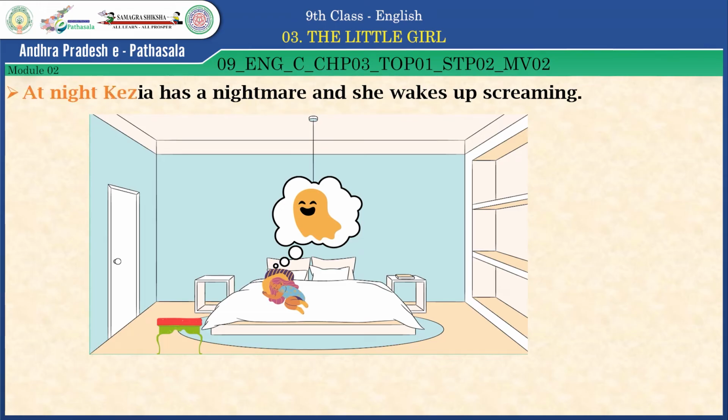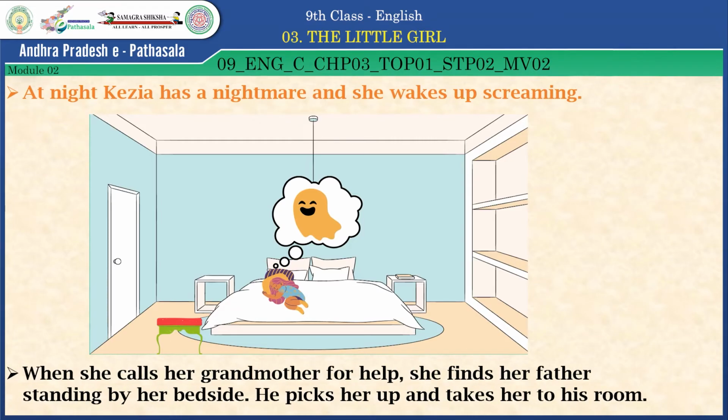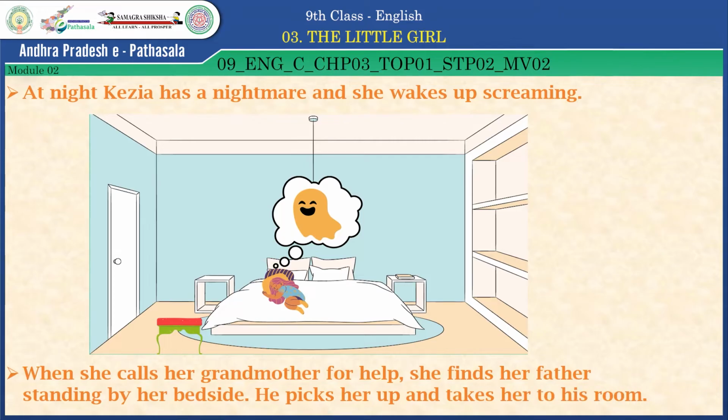At night, Kezia has a nightmare and she wakes up screaming. When she calls her grandmother for help, she finds her father standing by her bedside. He picks her up and takes her to his room.